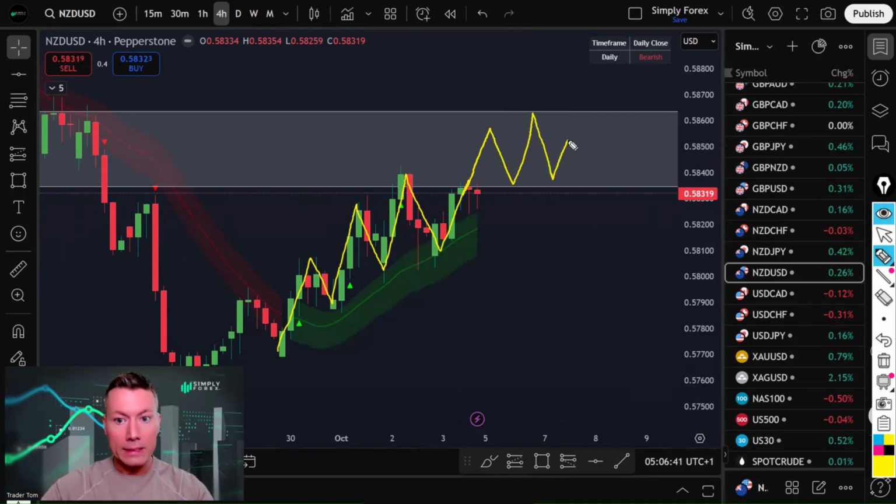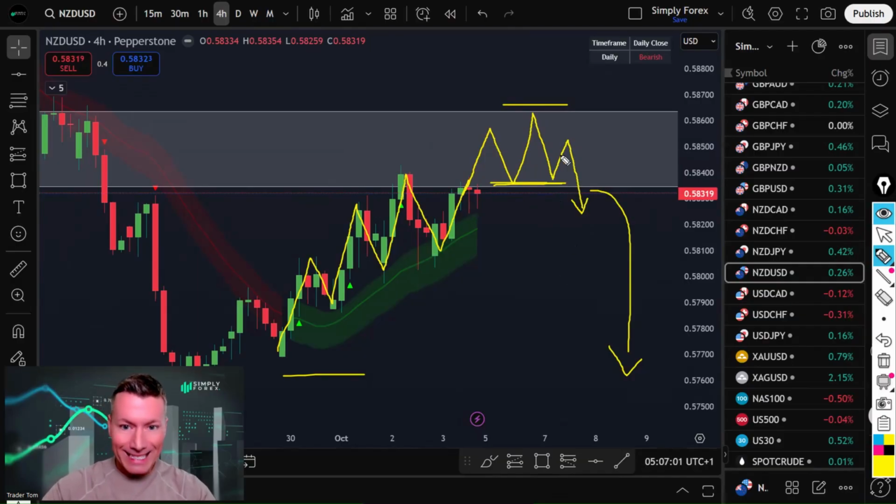Maybe price starts to break down. And if we get a break of H4 lows like this, then H4 structure has changed. We're in an H4 downtrend, and I will be looking to sell this bad boy back down to here, stops above the high.